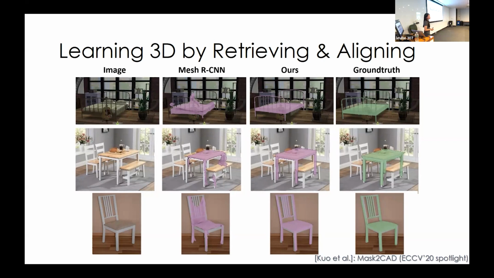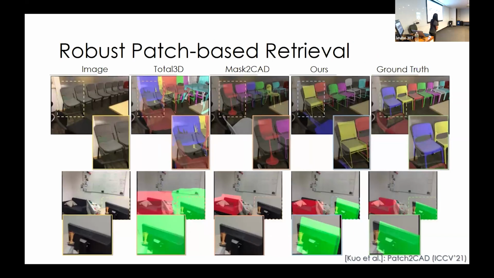You might have databases like ShapeNet or Objaverse, but the chance of them actually matching precisely in terms of geometry is pretty low. So you can make this a bit more robust by doing, instead of object-level reasoning, patch-level reasoning. So try to find similar patches between objects and have them vote for what the best representing object should be.